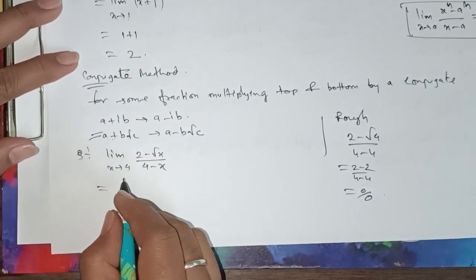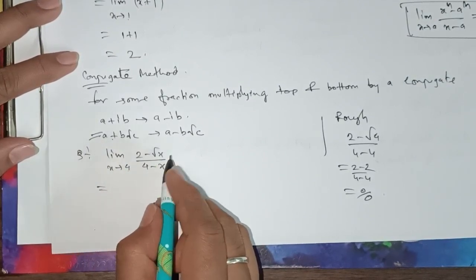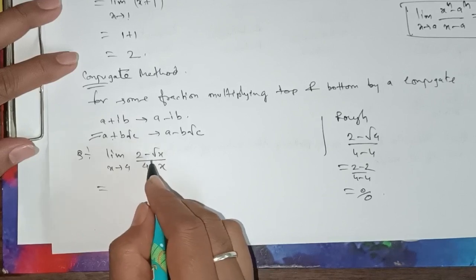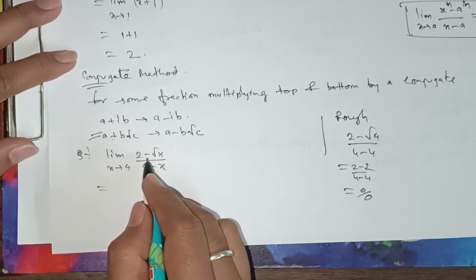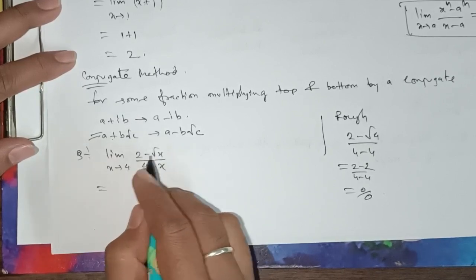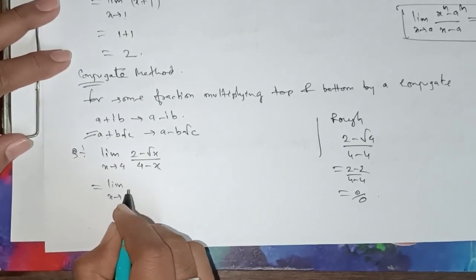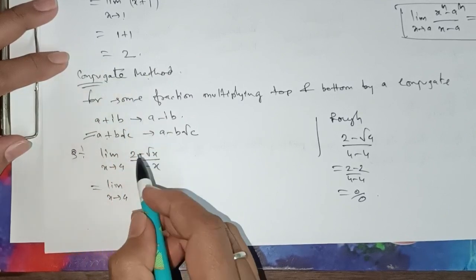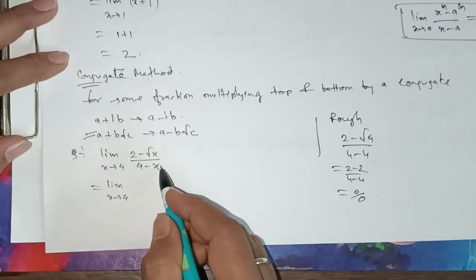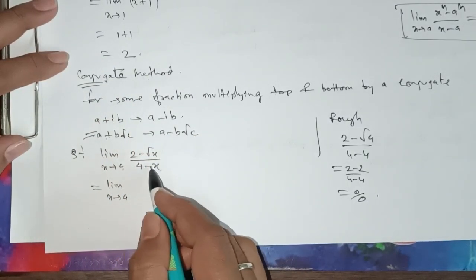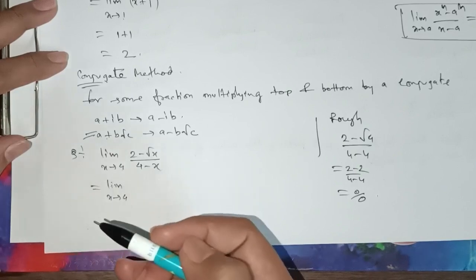Now what we're going to do: multiply numerator and denominator by the conjugate. What is the need to use the conjugate? Rationalizing the denominator means you rationalize a denominator, but as it is already in rational form, we're not going to use rationalizing here.